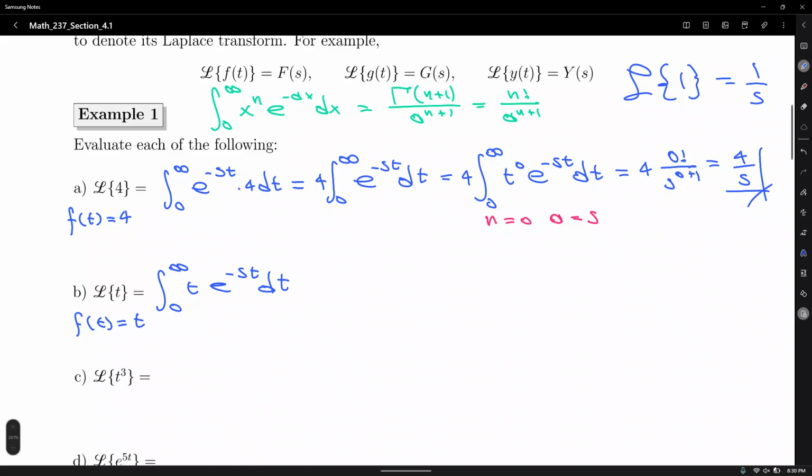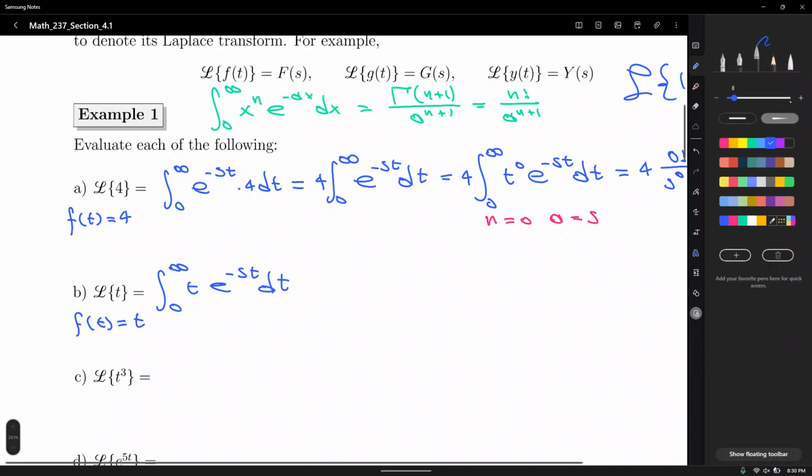However, in my class, I'm taking a different approach. That's why we spent a couple of lectures discussing the gamma function, because many of these integrals in the Laplace transform look exactly like those integrals we evaluated using the gamma function, which is way quicker than going through integration by parts.